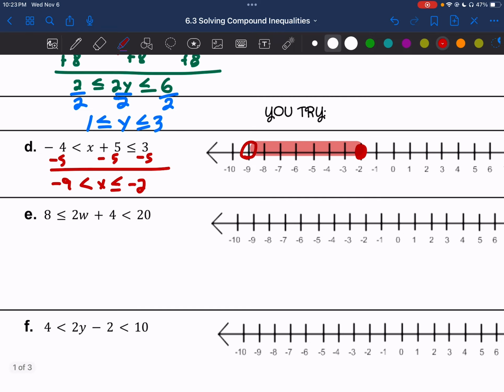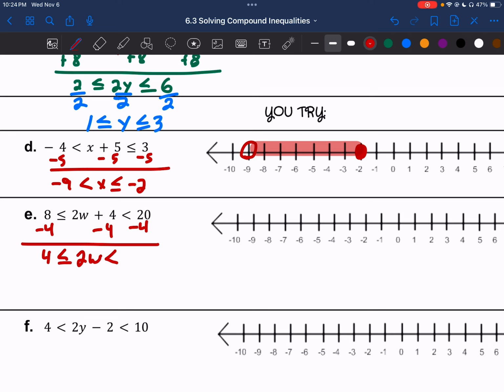Okay. Letter E. I'm going to start by subtracting 4 from all three segments. And we get 4 is less than or equal to 2w, which is less than 16. Okay, we're going to divide by 2 in all three portions.